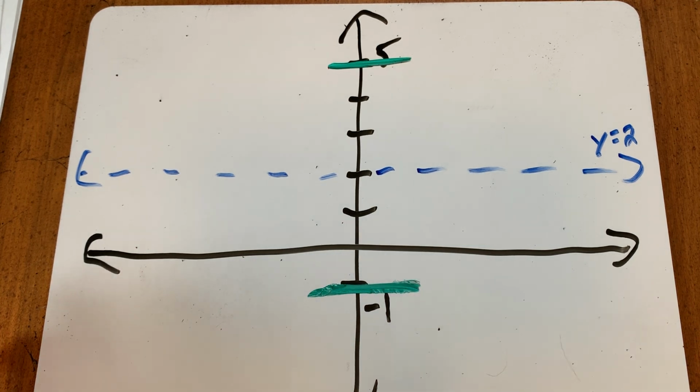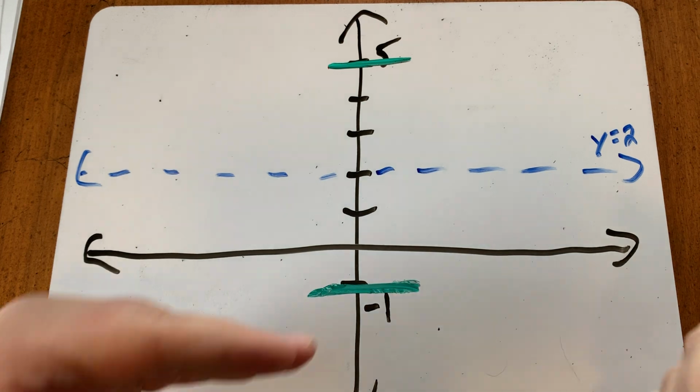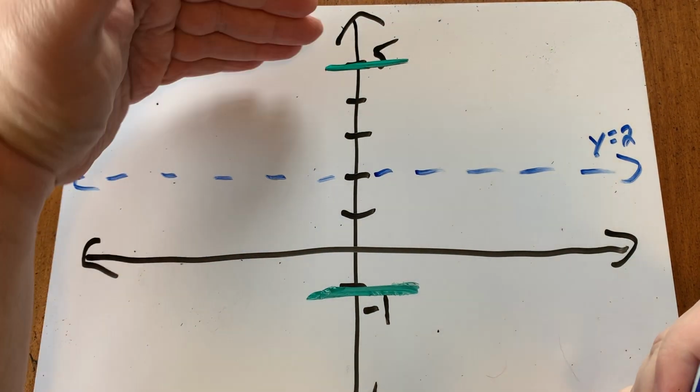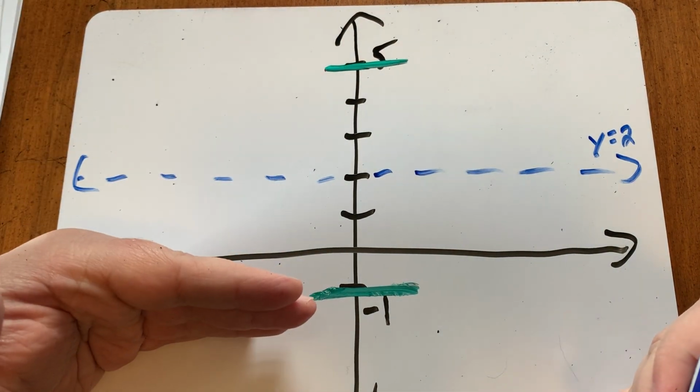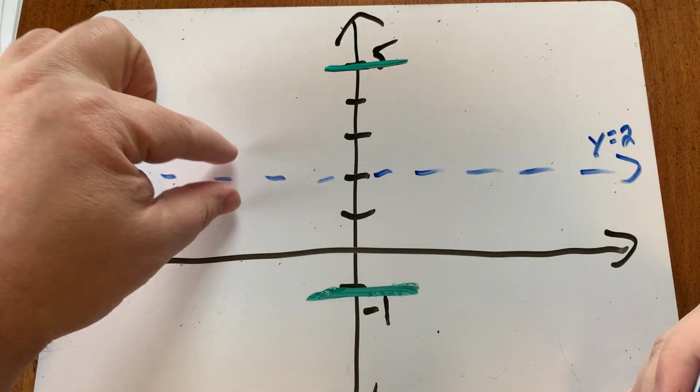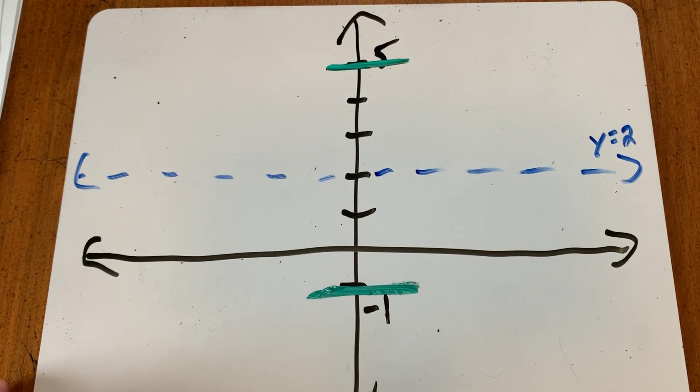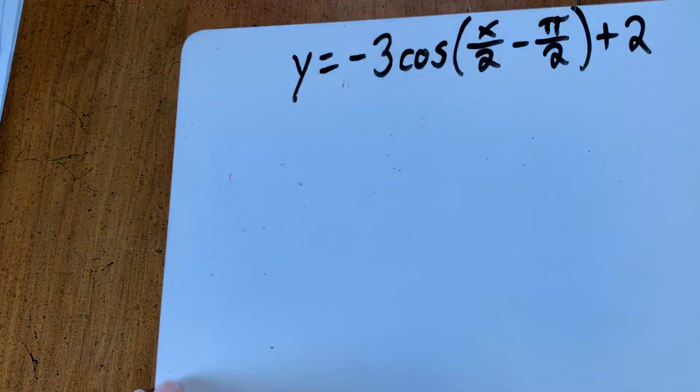So this is the framework of our graph. We're going to be between these two. Nothing's going to go above 5, nothing's going to go below -1, and everything's going to be oscillating around that y equals 2 line. So that's everything we need for the vertical. Now we just need to talk about the horizontal.